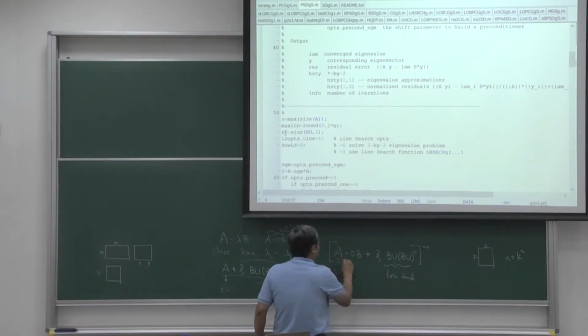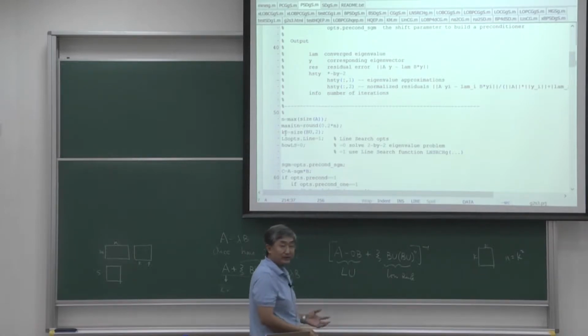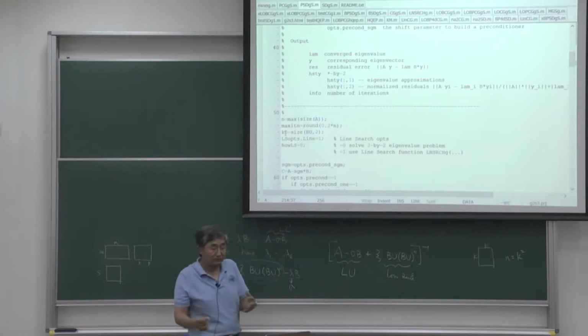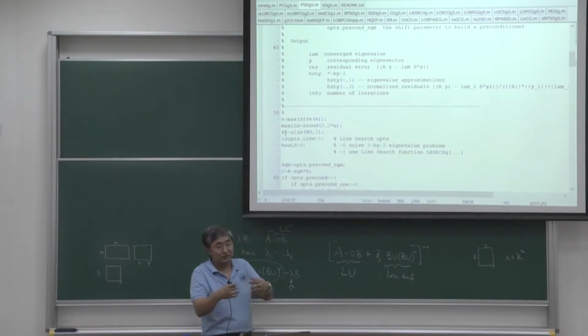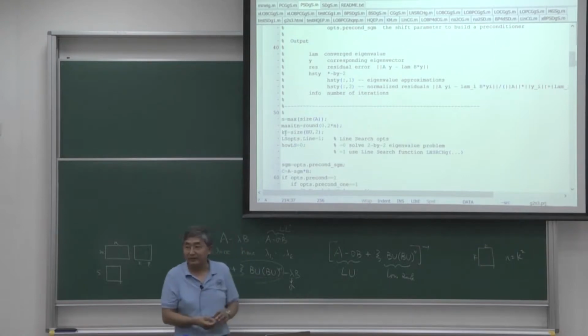The first part is supposed to already have LU decomposition in the direct solver case. When you try to approximate, you do a similar thing.